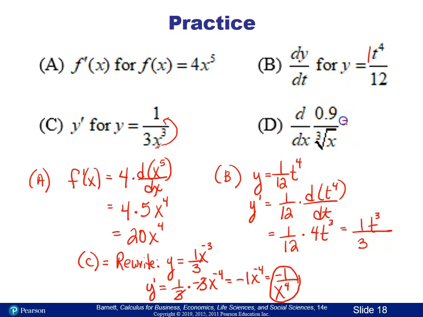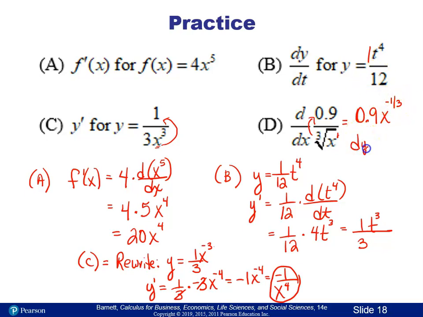Okay, the last one here, we definitely need to do a rewrite on this as well. So we'll have 0.9 and then we're going to have x to the -1/3. The 1/3 comes from the fact that we do the power over the index. And then since we need to move it up to the numerator, that's why we get this.